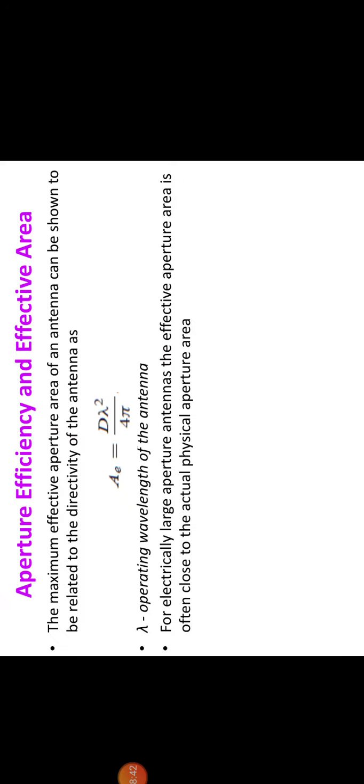The parameter effective aperture has more general application to all types of antenna, and the two have a simple relation, like P is given as h squared E squared by 4R. In terms of effective aperture, the same power can be written as P is equal to S into AE, which can be written as E squared AE by Z naught.